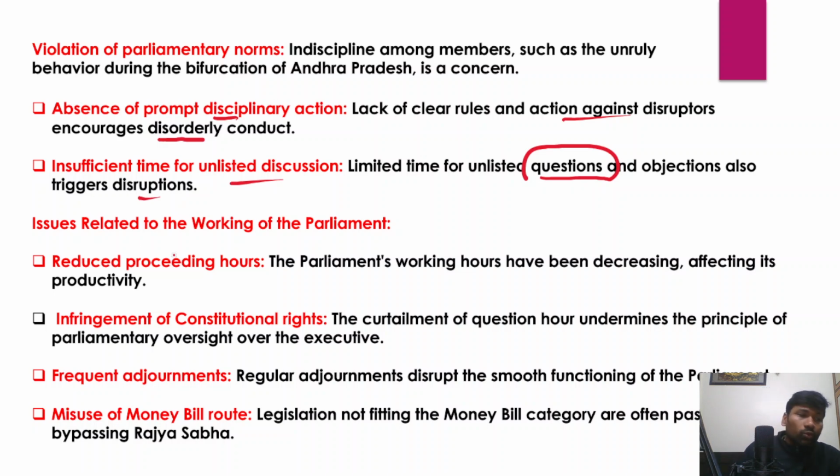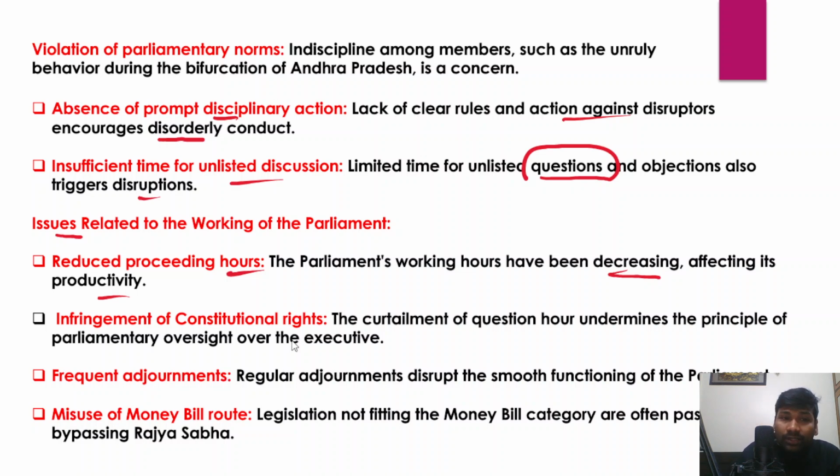However, we need to understand some issues related to the working of the Parliament. They include reduced proceeding hours in the Parliament. For example, Parliament's working hours have been decreasing, and that has been affecting the overall productivity of the Parliament.